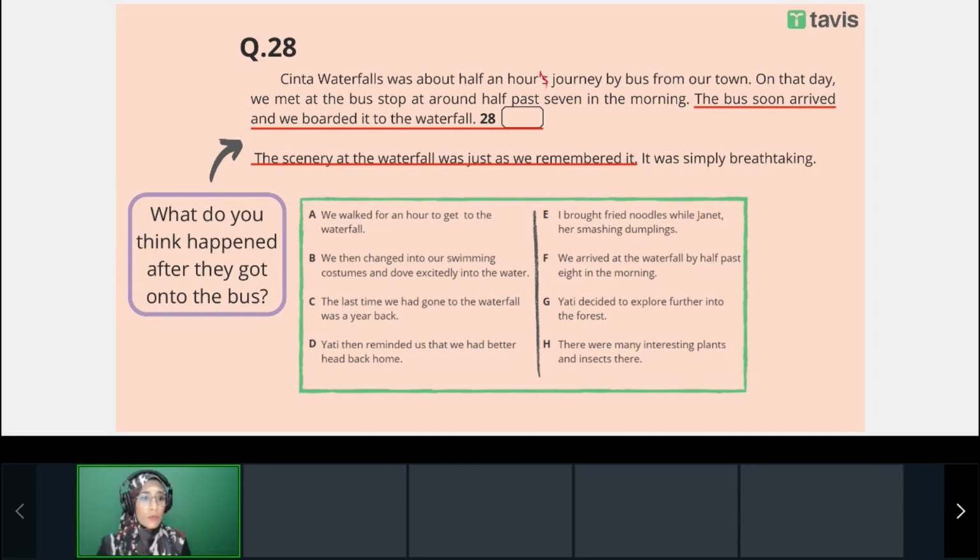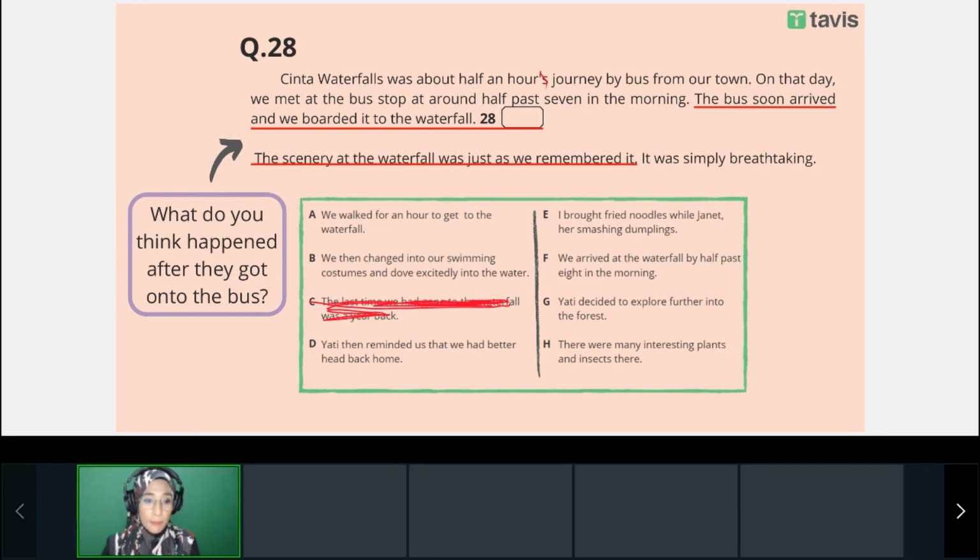So right now we can scrape off C because we got the answer just now. So what do you think happened after they got onto the bus? Which one? What do you think the answer would be? Is it A? We walked.